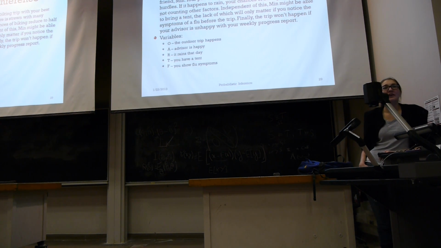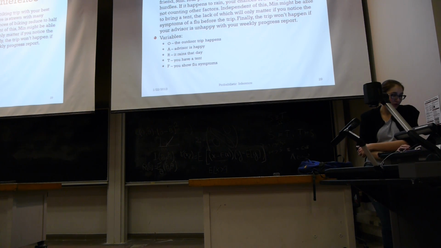So let's see how we're going to model this problem, how we're going to look at this universe in terms of random variables. Let's call the variable O the outcome, which symbolizes the event that the outdoor trip happens. A, the advisor is happy. R, it rains that day. T, you have a tent. And F, you show flu symptoms.